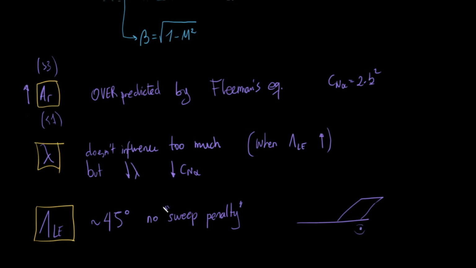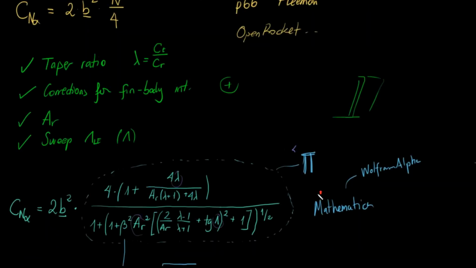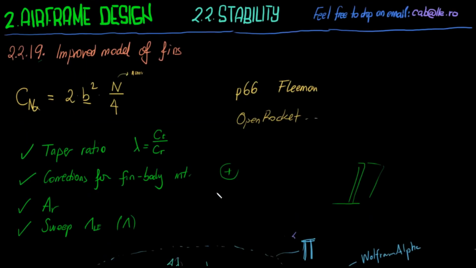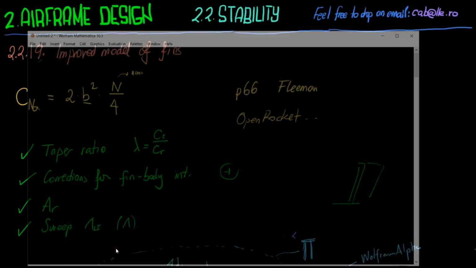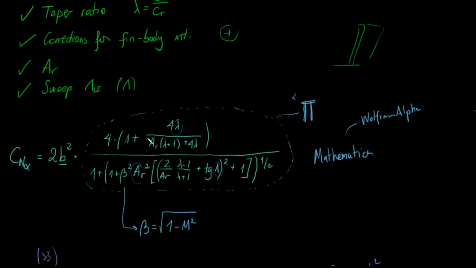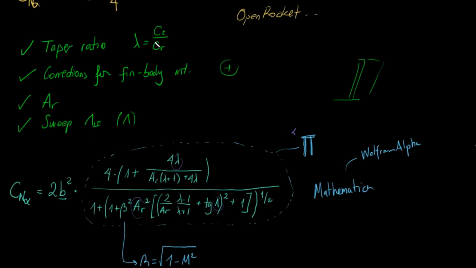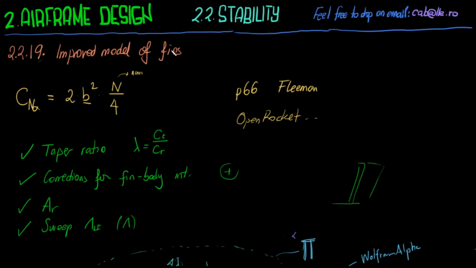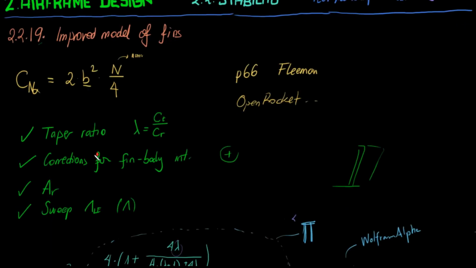All right, so I think it's quite interesting what we've seen in this video, and Mathematica helps us to understand the influence of each of these variables that we haven't introduced into the simplified version of the fins we've used up to now. So remember, we've introduced 3 more factors: the aspect ratio, the sweep angle, and the taper ratio.